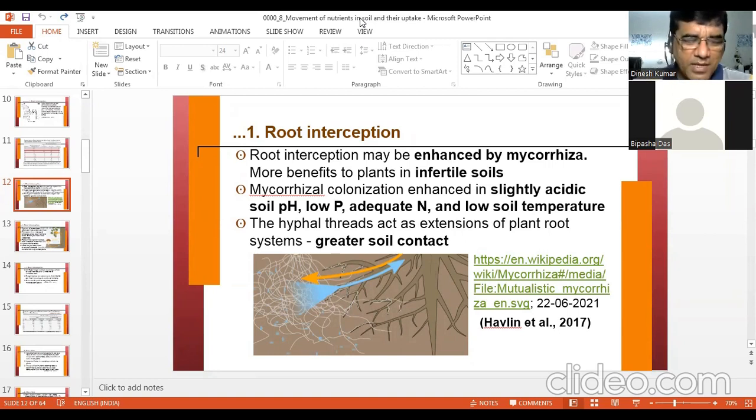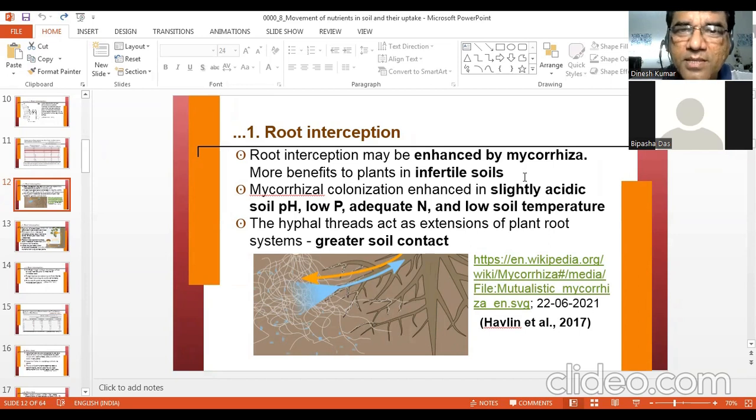So root interception may be enhanced by mycorrhiza, with more benefits to plants in infertile soils. Where you get less fertile soils, there you will find more use, because they can release some chemicals into the soil which can solubilize the phosphorus and increase the mobilization or availability of phosphorus. Then they can increase the root absorptive area.